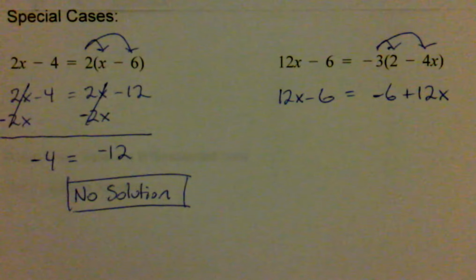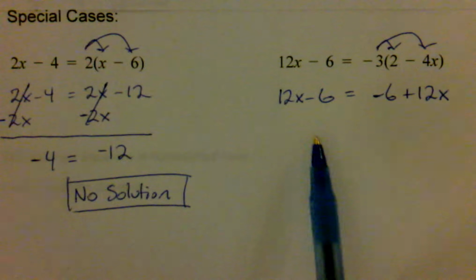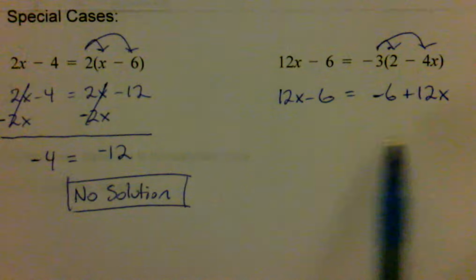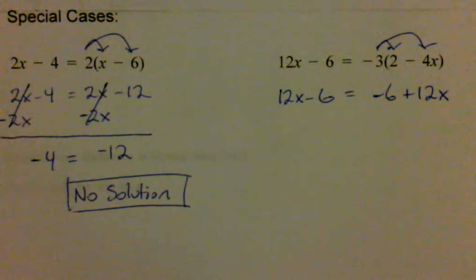Now I want to go about solving this like usual. I want to get all the variables on one side and all the numbers on the other side. So I'm going to add 6 to both sides.